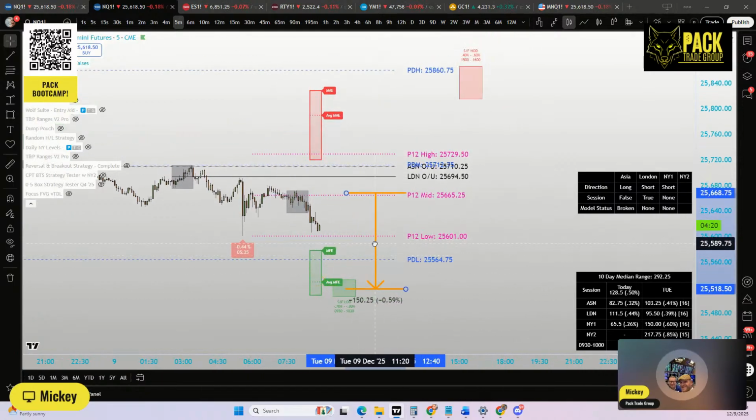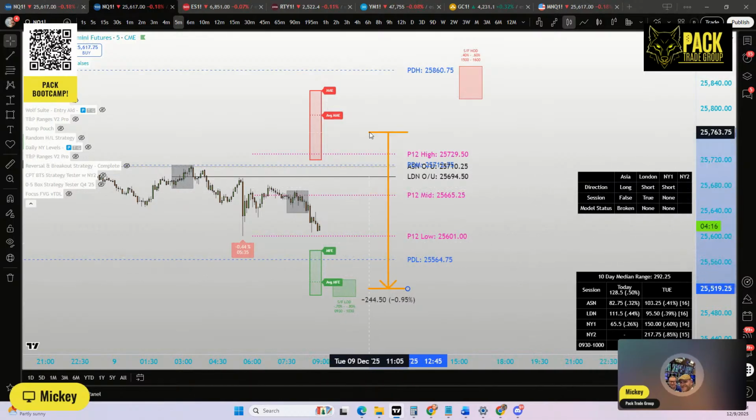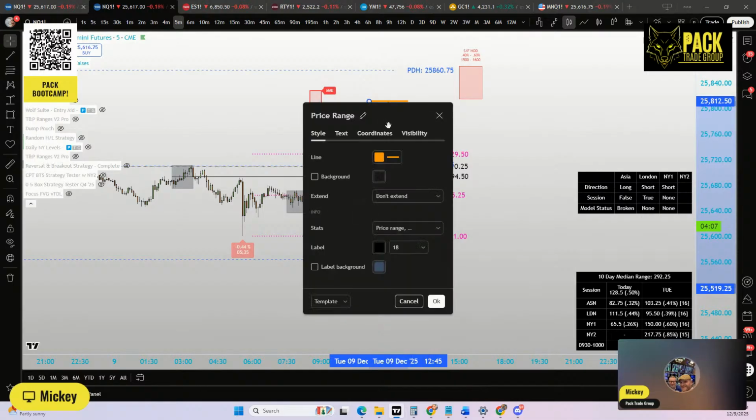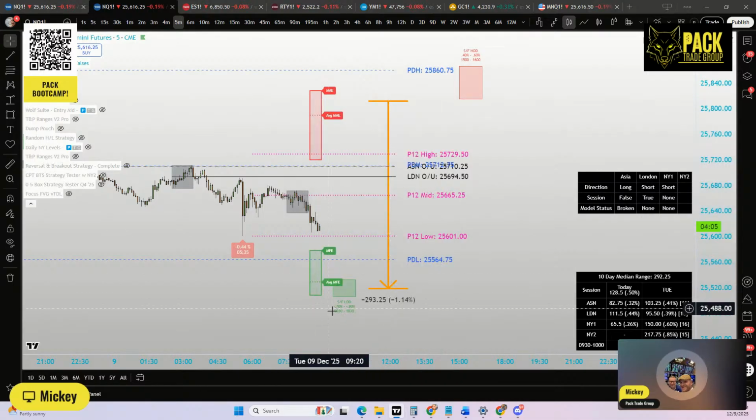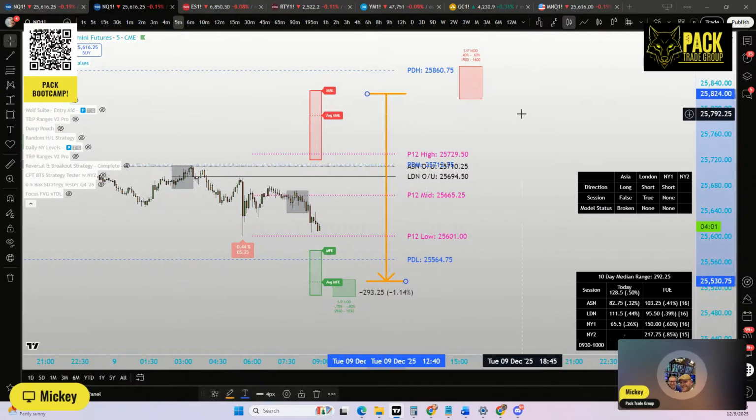From a distribution standpoint, can we, on a 10-day median range, make it from high day, low day? And we can see that our 10-day median range is 292. So yeah, it's definitely realistic targeting to expect low day to high day, right? Unless we just have a contracting range because FOMC is tomorrow and we decide to range one all day, right?